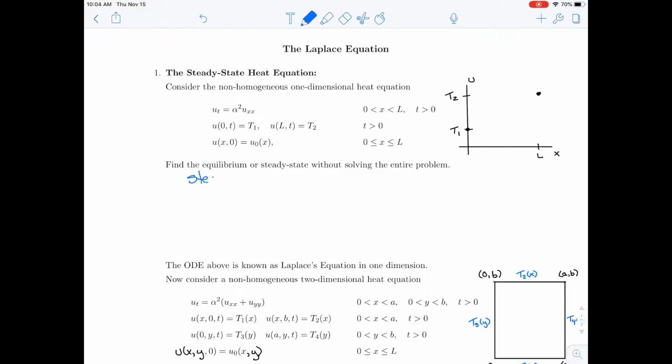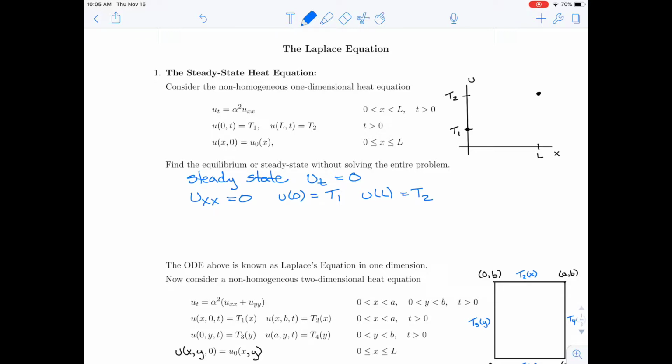To find the steady state, you will recall that we were looking for a solution where the time derivative was 0. This meant that we had that uxx had to be 0, and the boundary conditions remained that u at the left endpoint was T1 and u at the right endpoint was T2.